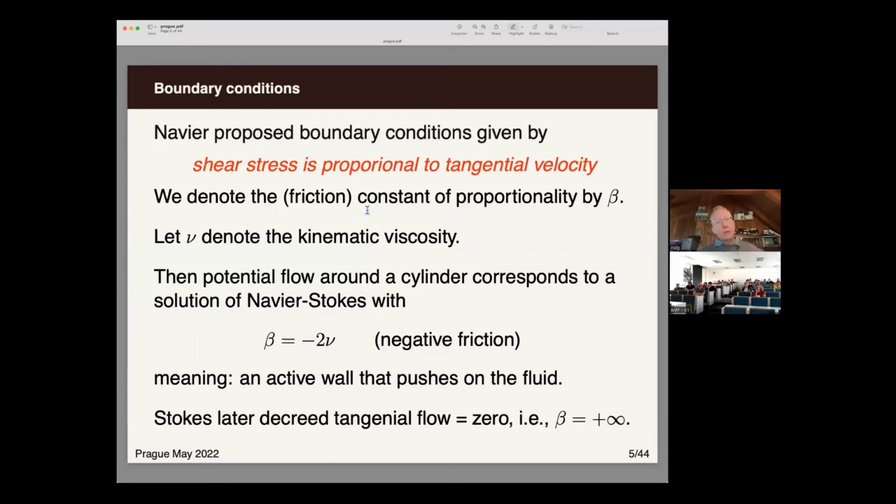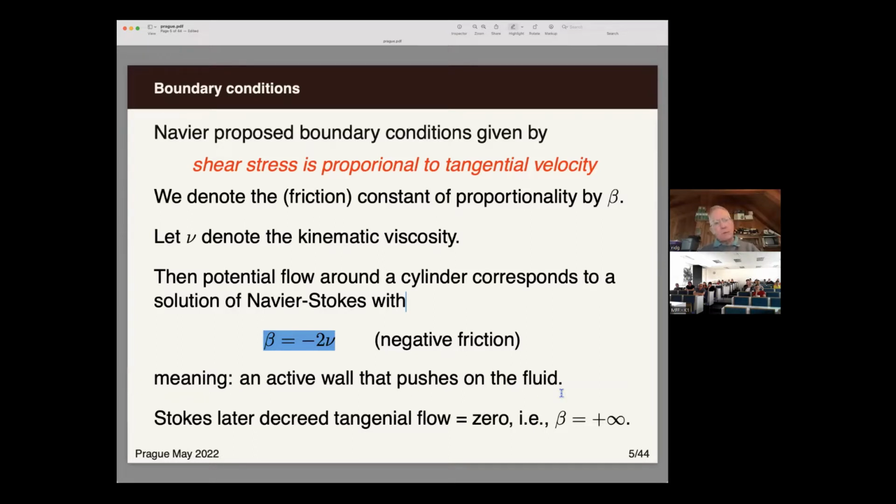And when you look into it carefully, as we've done recently, you see that to get the potential flow solution around a cylinder with the Navier-Stokes equations, you have to take that friction coefficient to be negative. So a negative friction, which is a little bit of a concern physically. So it means an active wall that pushes on the fluid.